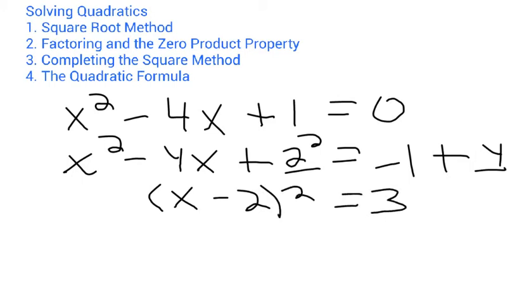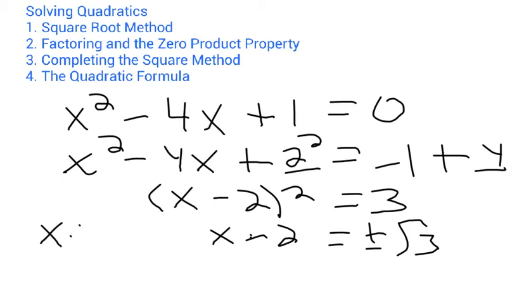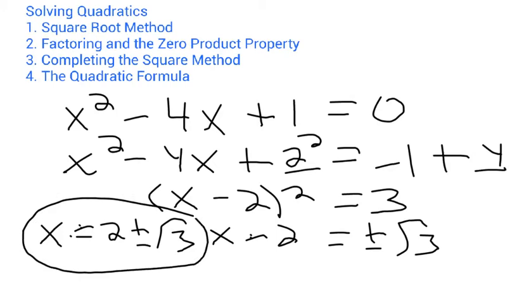If I use the square root method, which is what I want to use now, I square root both sides, I get x minus 2 equal to plus or minus the square root of 3, and therefore x equals 2 plus or minus the square root of 3. Circle that answer so you can see it.